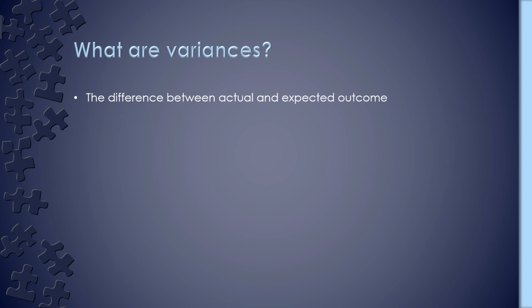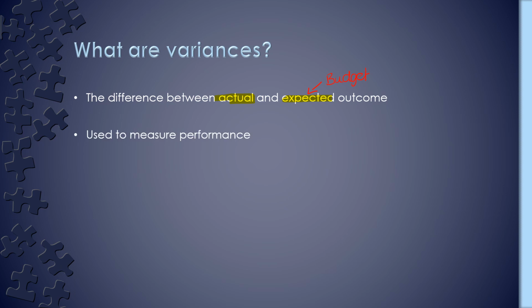Well, it is the difference between an actual and expected outcome. The actual outcome is what the actual financial statements show, and your expected outcome is usually the budget. So usually it's your actual versus budget.